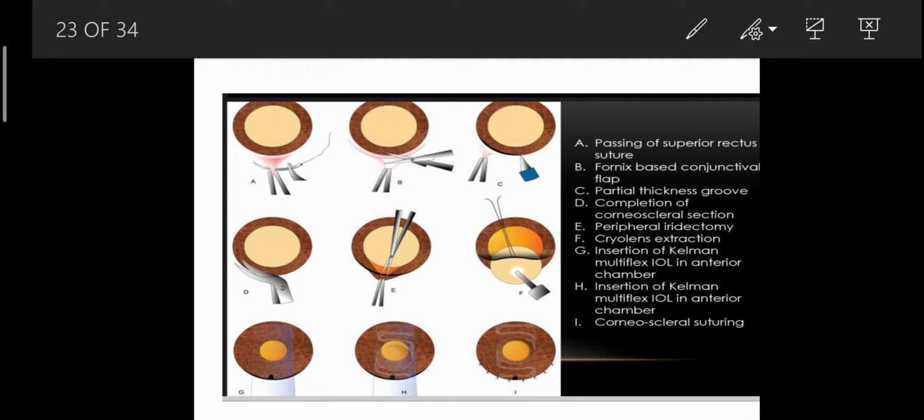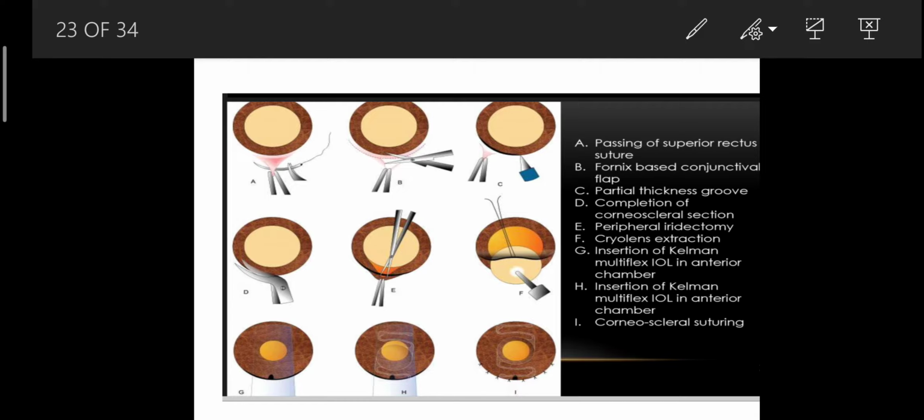Conjunctiva is cut, that is conjunctival peritomy, and any bleeding, hemostasis is maintained by using a wet cautery. These are the steps which are common for all the three surgeries.